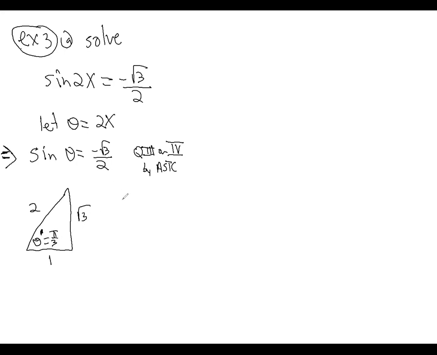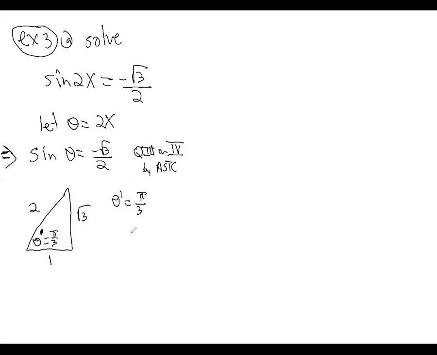So our reference angle is pi over 3, but we have to put that in quadrants 3 and 4. So again, to put something in quadrant 3, you're going to add pi, which is 180 degrees. To put something in quadrant 4, you take 2 pi, aka 360 degrees, and subtract the angle.